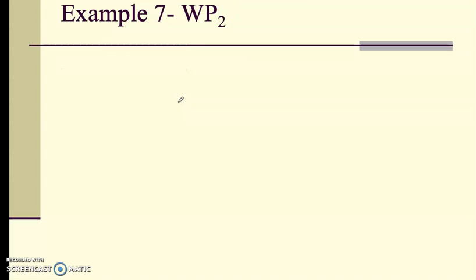Okay, let's look at example 7, WP2. All right, so tungsten is a transition metal. Uncriss-cross, the 2 goes to W, the 1 goes to P. So it's a 1, 2, sign the charges. Group 5A is where phosphorus is found. It should have a 3 minus. So we have to multiply this by 3. 1 minus is not the correct charge.